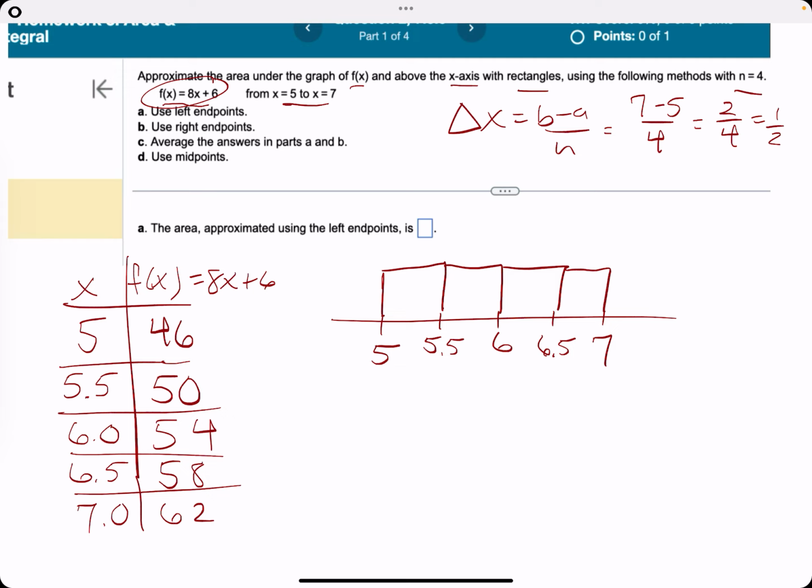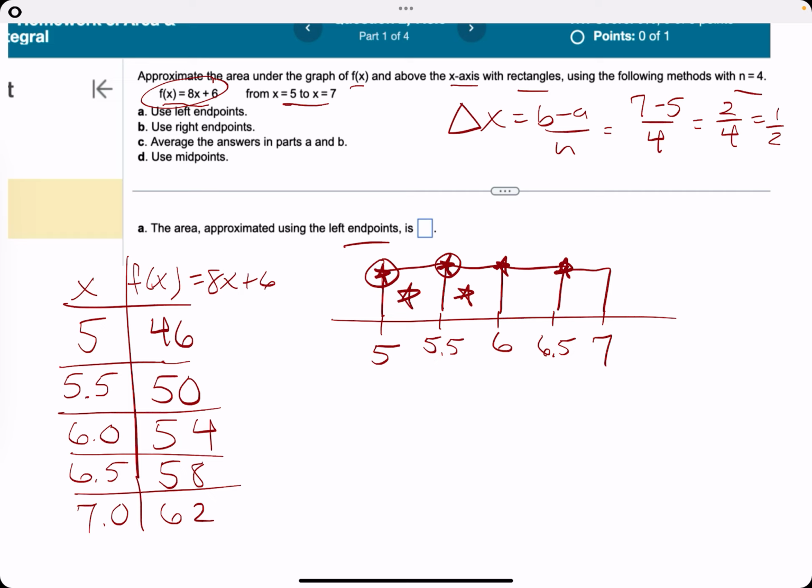So we have 4 rectangles, one from 5 to 5.5, then the rest onward. Left endpoints, what we want to use is the y values for the leftmost endpoints for each of the rectangles. So like this y value will approximate this rectangle, this y value will approximate this rectangle, and so on and so forth.